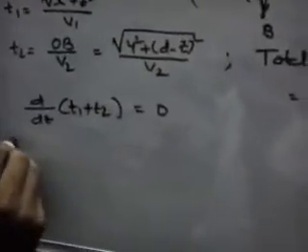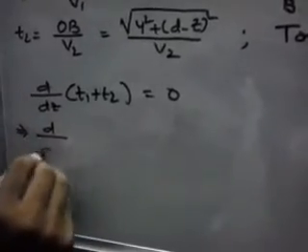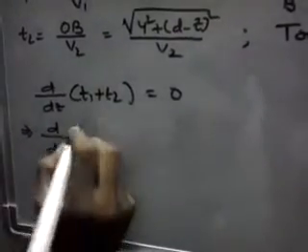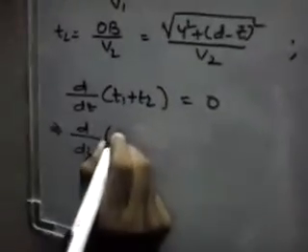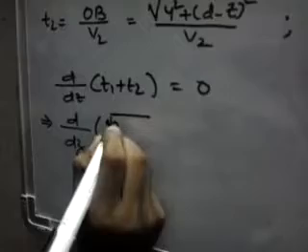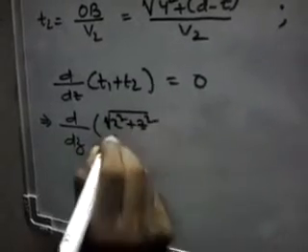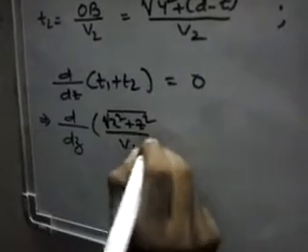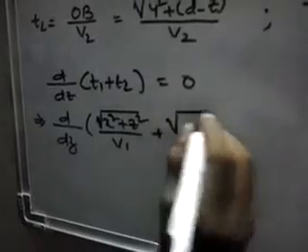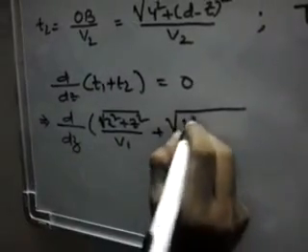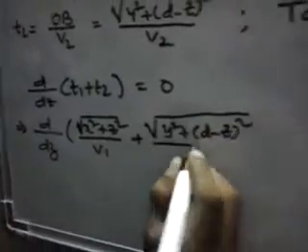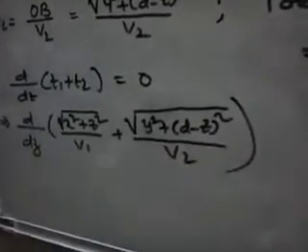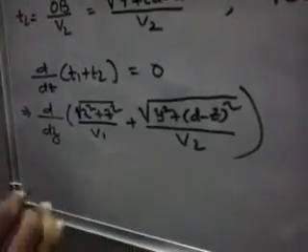Now it is d by dz of T1, root over x square plus z square by v1, plus T2, root over y square plus d minus z whole square by v2. So this will be applied to both of them.